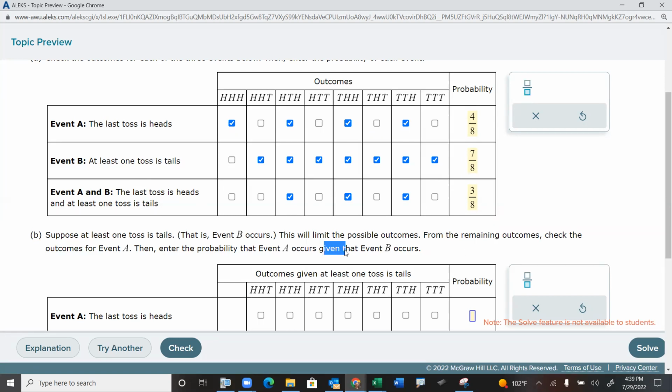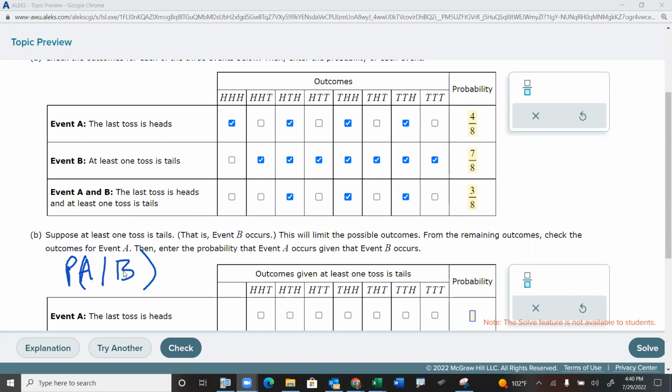So this "given" right here is telling me we're doing a conditional probability. Basically what they're asking us to do is the probability of A given B. Event A was the last toss is heads.